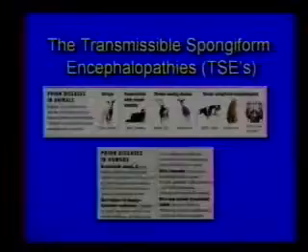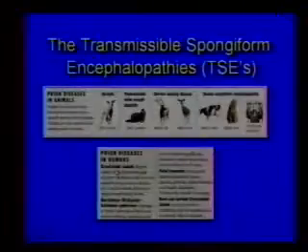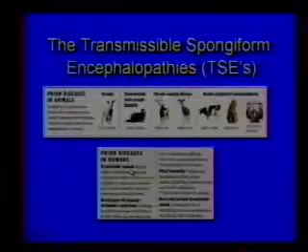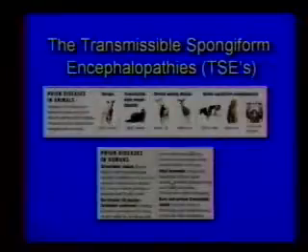But in humans, we have a whole slew of different diseases, many of which are exceedingly difficult to pronounce. The first one is Creutzfeldt-Jakob, which occurs in older people. And this is a spontaneous disease, not normally associated with a source of infection. And then we have Gerstmann-Sträussler-Scheinker syndrome, fatal insomnia, and then Kuru.